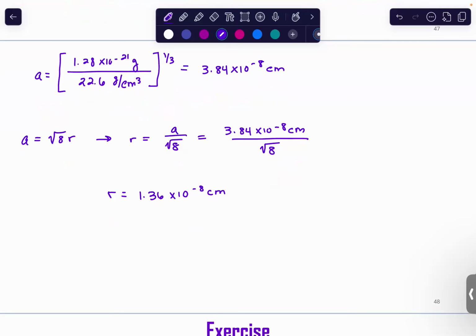That also equals 1.36 times 10 to the negative 8th meters, or 1.36 angstroms. We could also do 136. Oh, hang on. That's not 8, that's 10. Negative 10, there we go. 136 times 10 to the negative 12th meters, or 136 picometers, any one of those.